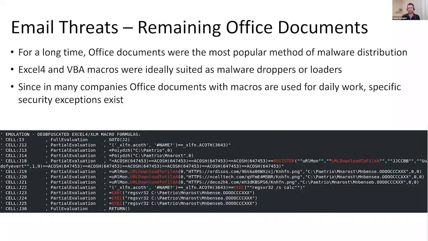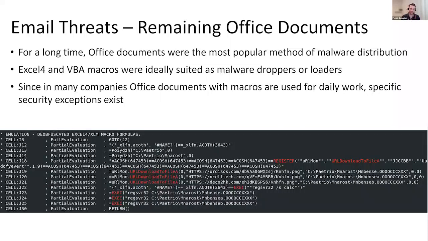And lots of companies rely on Office documents, and lots of companies also work with macros. I mean, I work for a bank, so I've seen a lot of Office documents, and I've seen a lot of Excel files using macros. And sometimes there are even specific security exceptions because people really, really need to work with those documents and to rely on those.